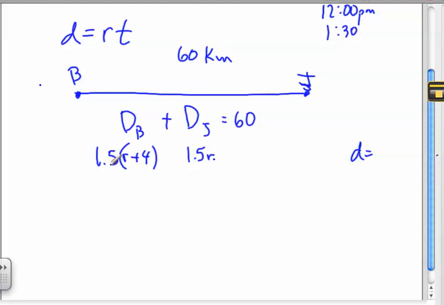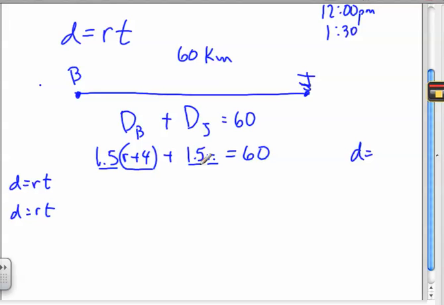All right, so when I add those two things together, I need to get 60. Because remember, Brent's distance is rate times time, and Jane's distance is rate times time. So I can do rate times time plus rate times time, each of their distances.